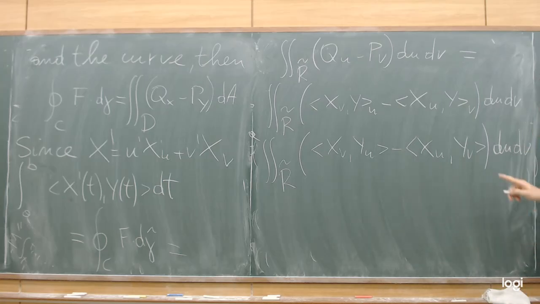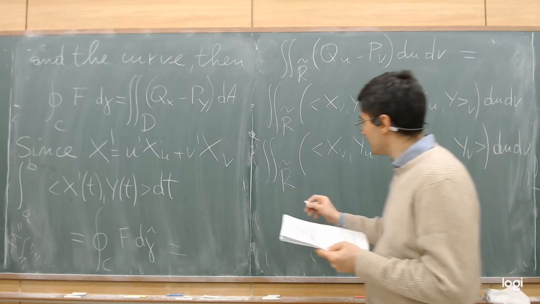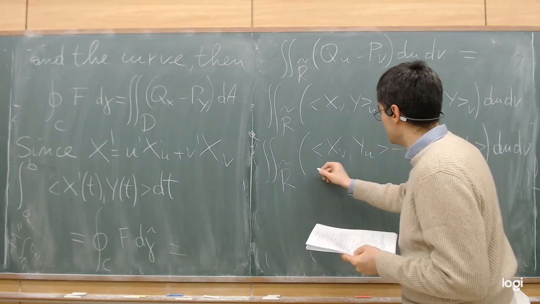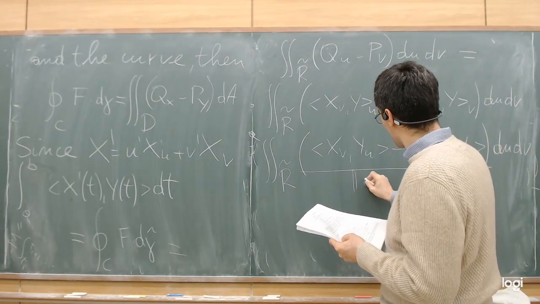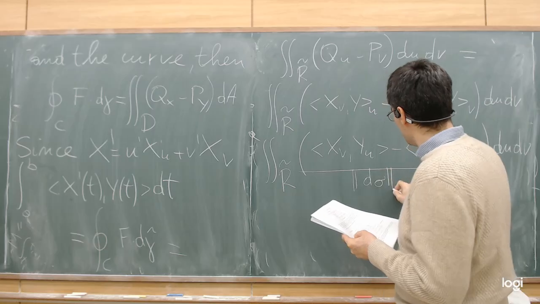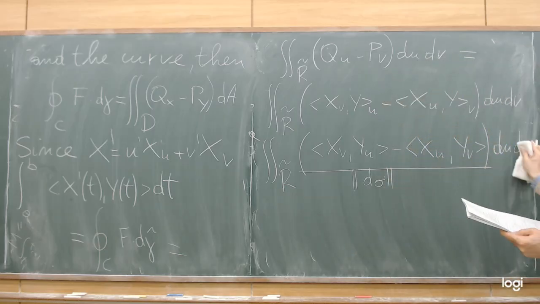And then here I will just multiply and divide by this area distortion.